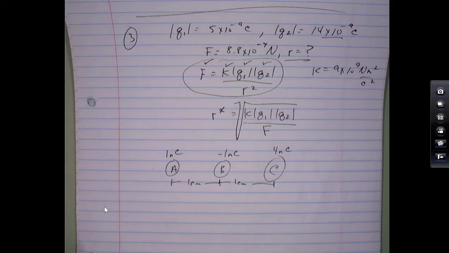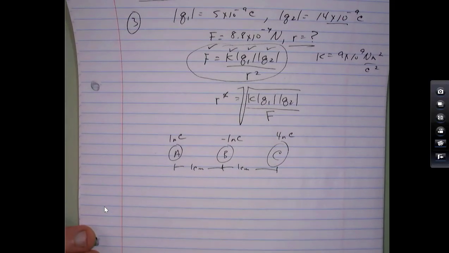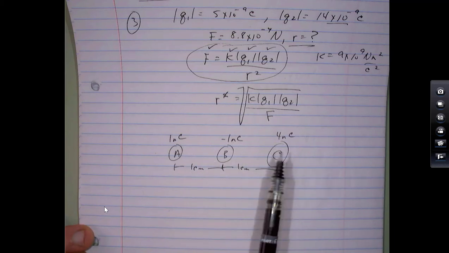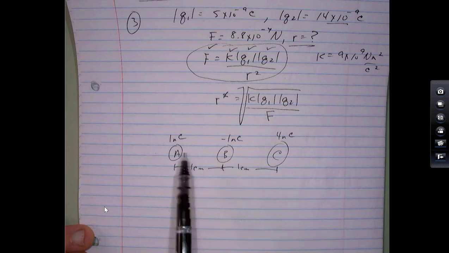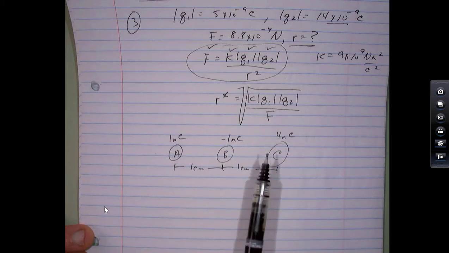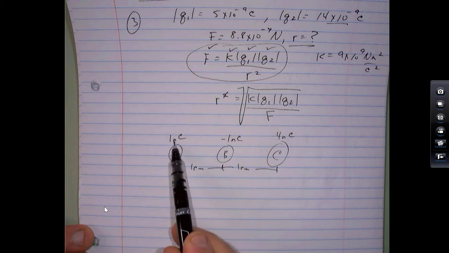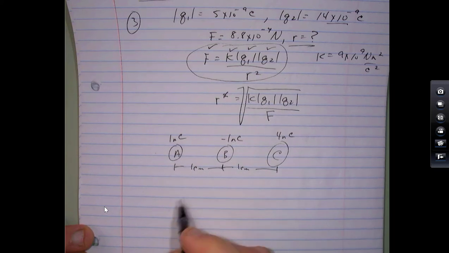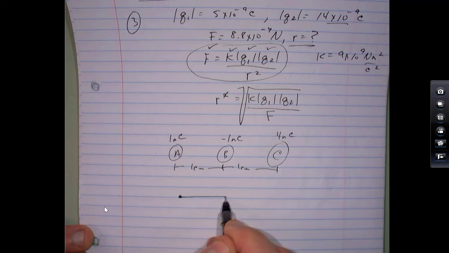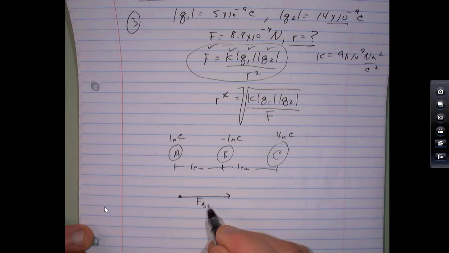So again, we're looking at the forces on A. So let's look at them independently. Independently, I mean, let's look at the force on A from B. Let's look at the force on A from C. Okay, so these are opposites, A and B. So A is being attracted to B. So there's a force from B on A this direction.